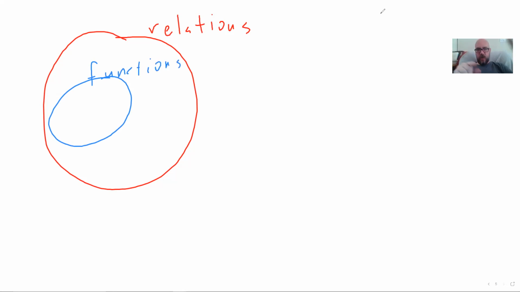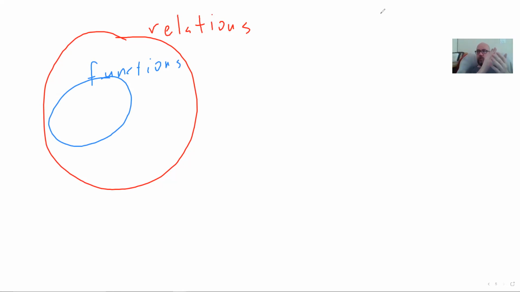I draw it like this to demonstrate that relations are the wider category, and a subcategory of that is functions. So every function is a relation, but not every relation is a function. Sort of like, let me use even numbers and all numbers. All natural numbers, 1, 2, 3, 4, 5, up forever, that's a larger category, and then even numbers are within that.